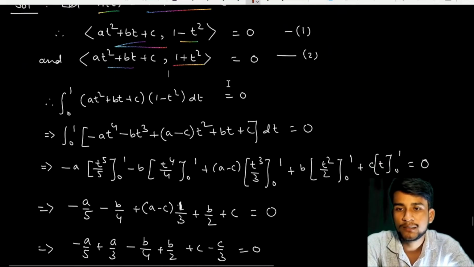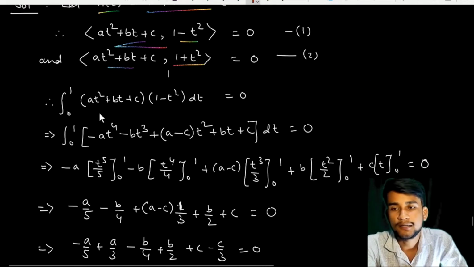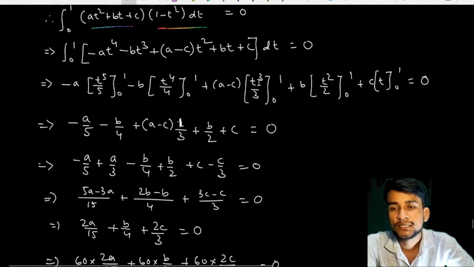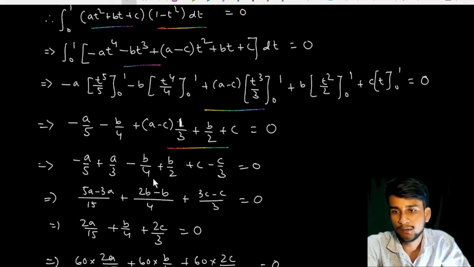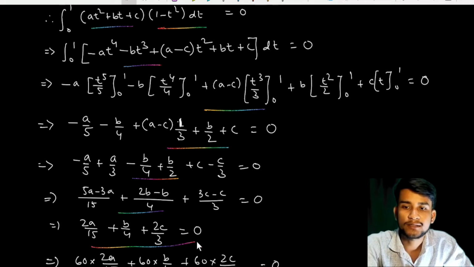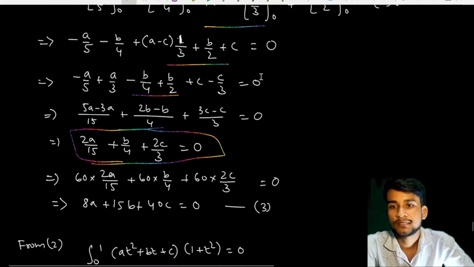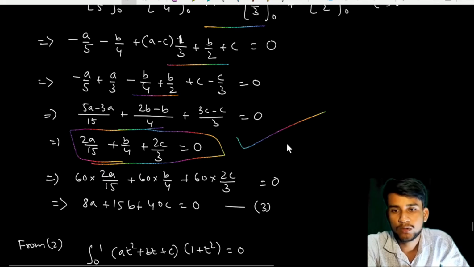Therefore we apply the method given here, integrating from 0 to 1, and this is equal to 0. Just simple integration, and we get a relation: 2a/15 plus b/4 plus 2c/3 equals 0.